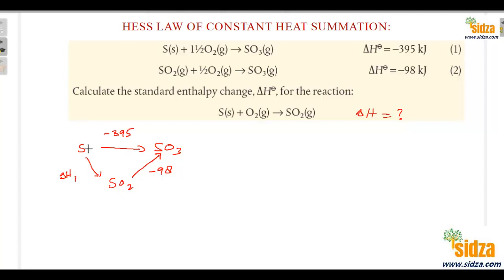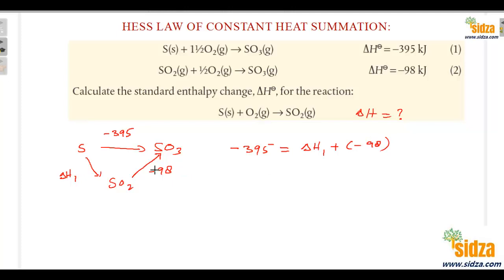So according to Hess's law, whether the reaction occurs in one step or in a number of steps, the total enthalpy change will be the same, which means that -395, which is a direct one-step process, will be equal to delta H1 plus -98.